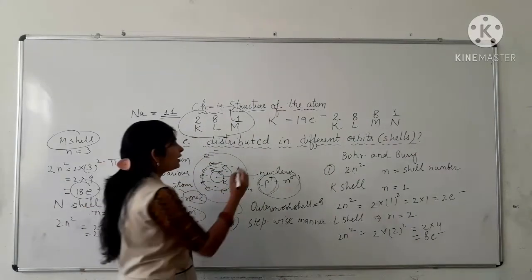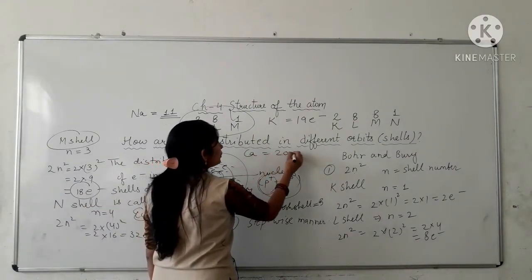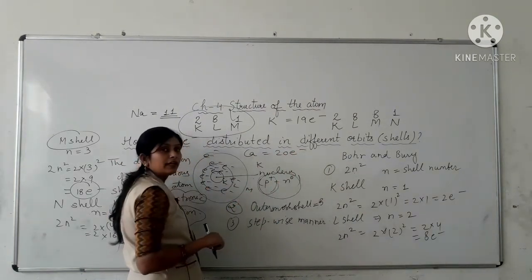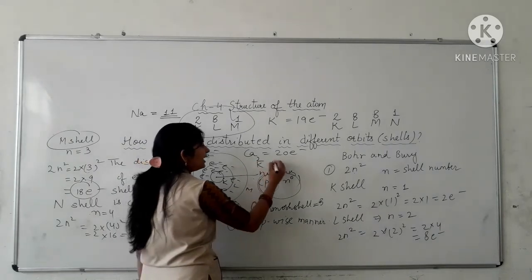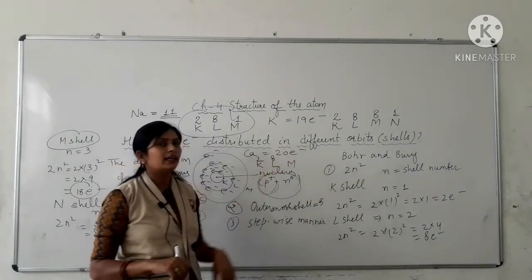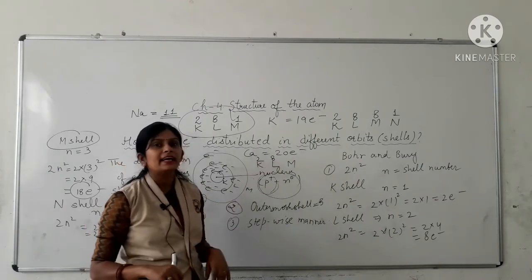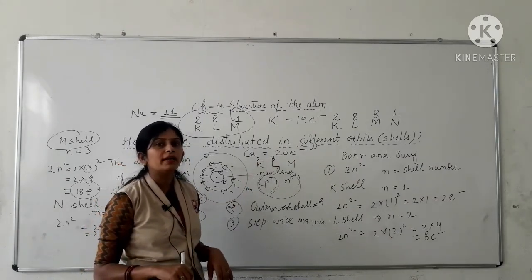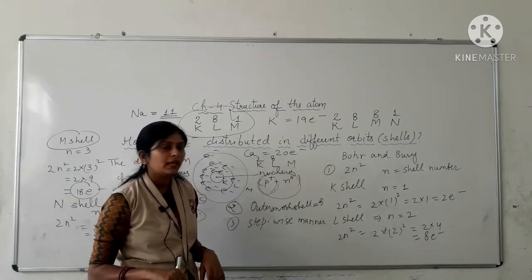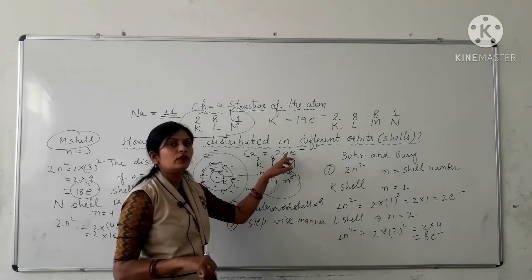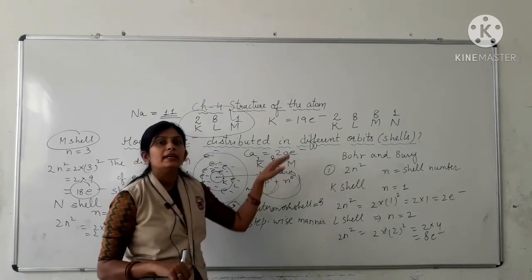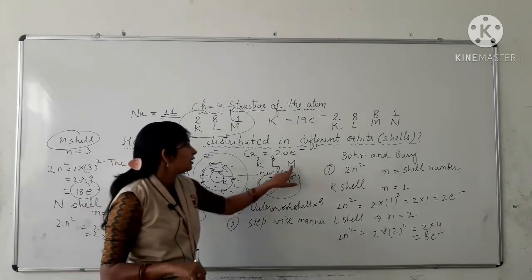Now, what about calcium? There are 20 electrons in total. So in K shell 2 electrons, L 8, now M. See, out of 20 electrons, 2 plus 8, 10 electrons are already accommodated in K and L shells. So 10 electrons are remaining.